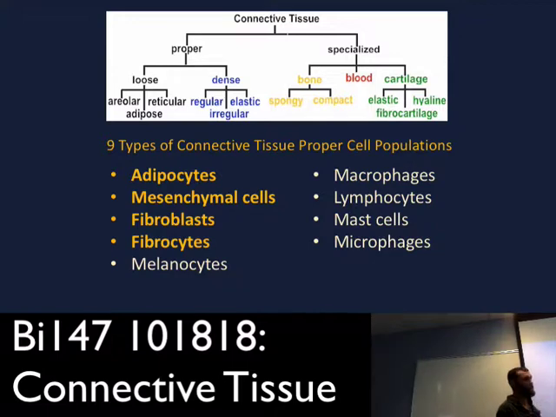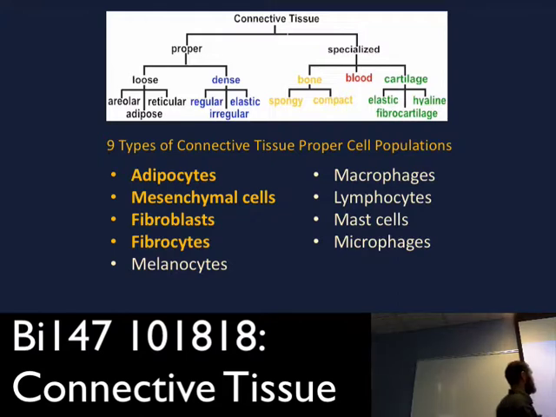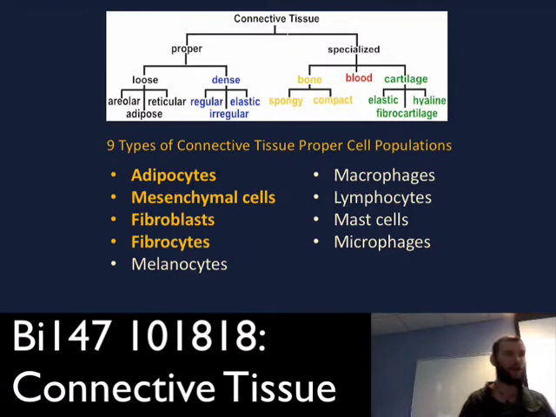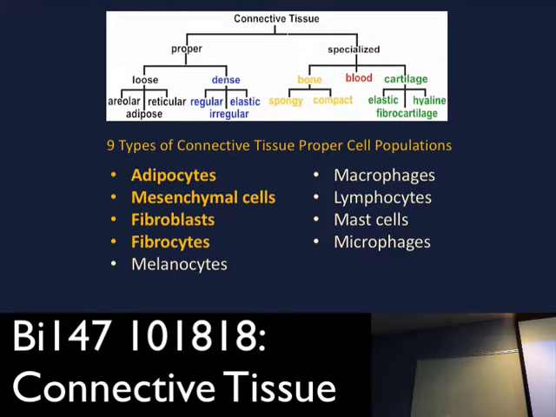Adipocytes. These are the ones that make up fat. And then these 3, which are all very related. We'll see how they're related. But there are mesenchymal cells, which you can think of as a stem cell. They are a stem cell that give rise to a lot of these other cell types.